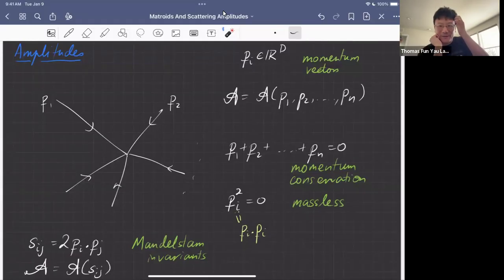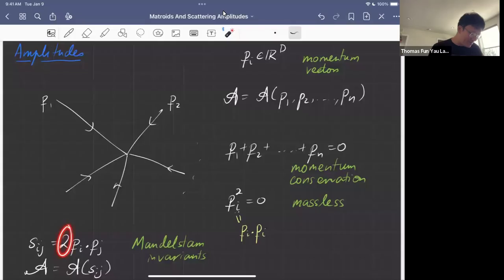A basic theorem in invariant theory says that if this function is invariant under rotations of space-time, then you should be able to express it in terms of the dot products between the vectors. If you're looking for polynomial functions of a bunch of vectors that are invariant under an inner product, then the invariants for the orthogonal group are generated by these inner products.